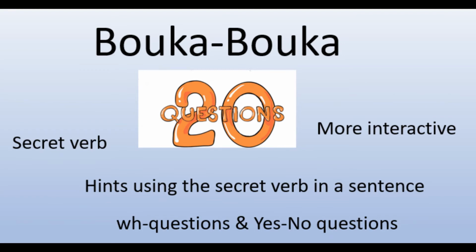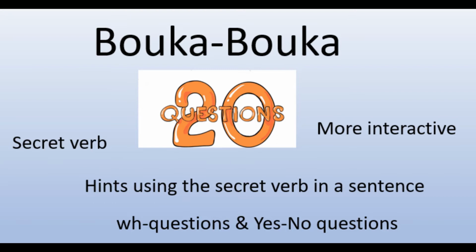I see. Instead of a noun, one student thinks of a secret verb, or the teacher can give each student a different list of verbs that they will choose from. Now, that student with the secret verb starts with a hint using the secret verb in a sentence, but substitutes the word buka for the secret word. Interesting.